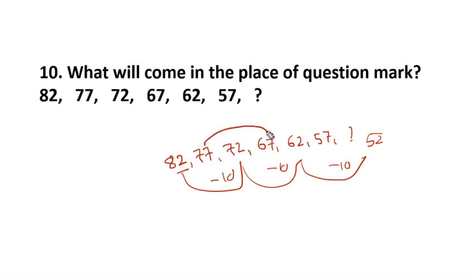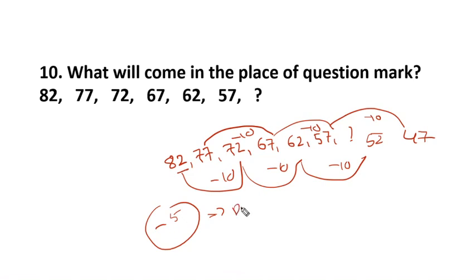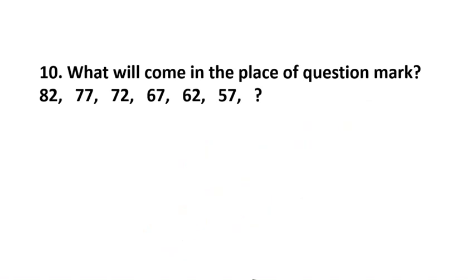Similarly, alternately 77 minus 10 is 67, minus 10 is 57, minus 10 is 47. Or you can say the difference of the first 2 is minus 5, minus 5, minus 5, minus 5. So you can say minus 5 is the difference overall. Then let's go for next question.